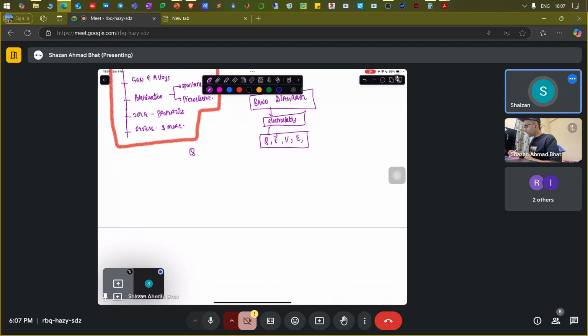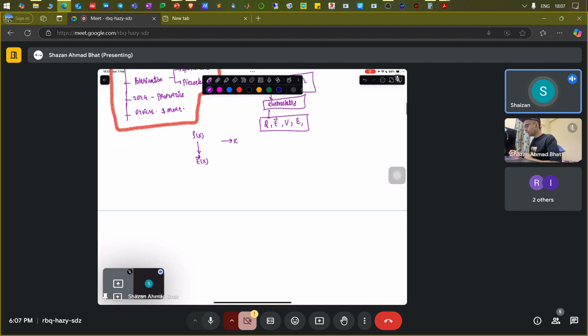Because if you know the charge, let me denote the charge as rho of x, and let's denote this dimension as x. If you know the charge density inside a device, then you can always integrate it to obtain the electric field as a function of x. Whenever I show this arrow over the E, that means electric field, which is a vector quantity. If you know the electric field, then you can always compute the potential, which is a scalar.